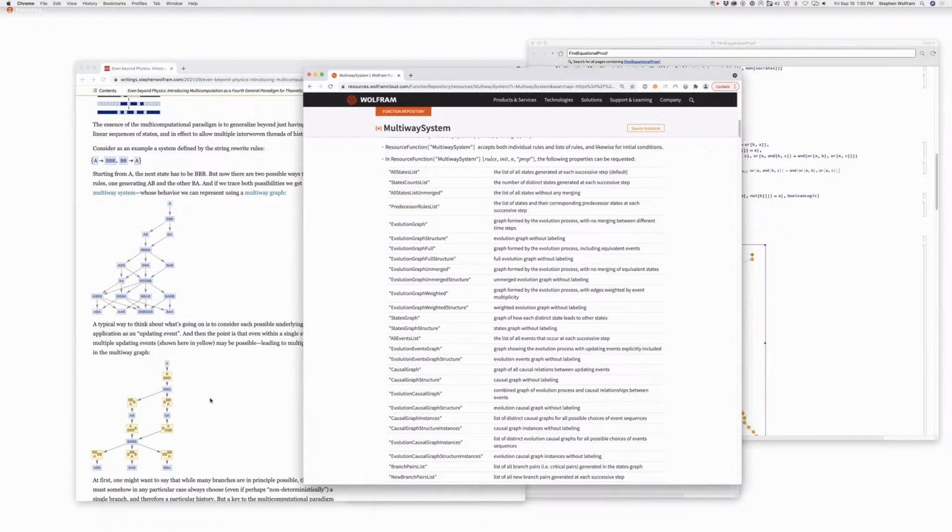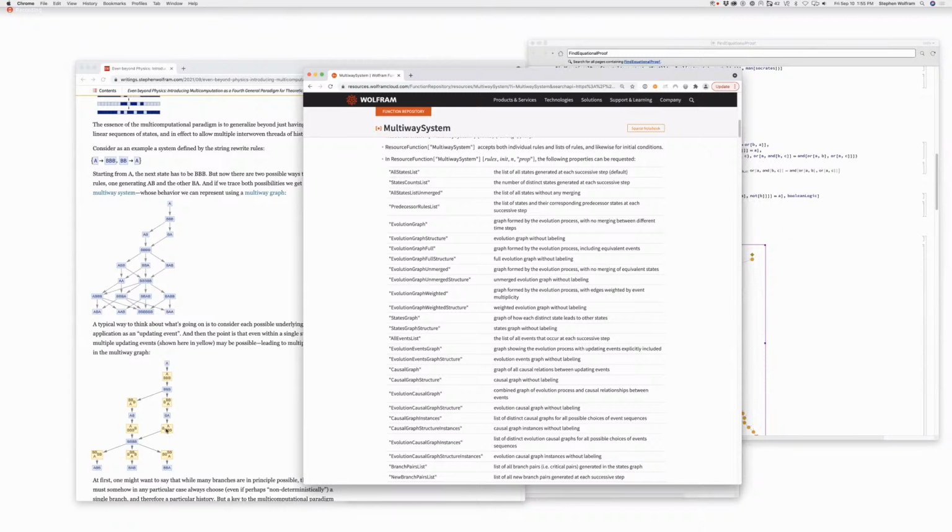Then there's the pure causal graph, which, I guess you can derive it. No, you have to say separately what is the causal dependence of one event on another. In the case of the token event graphs, those things are bundled together. But in this case, you have to separately decide what that causal dependence is.